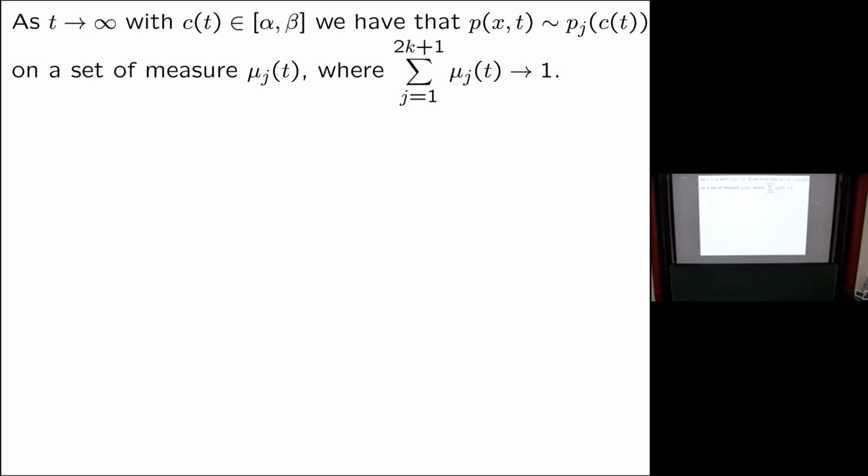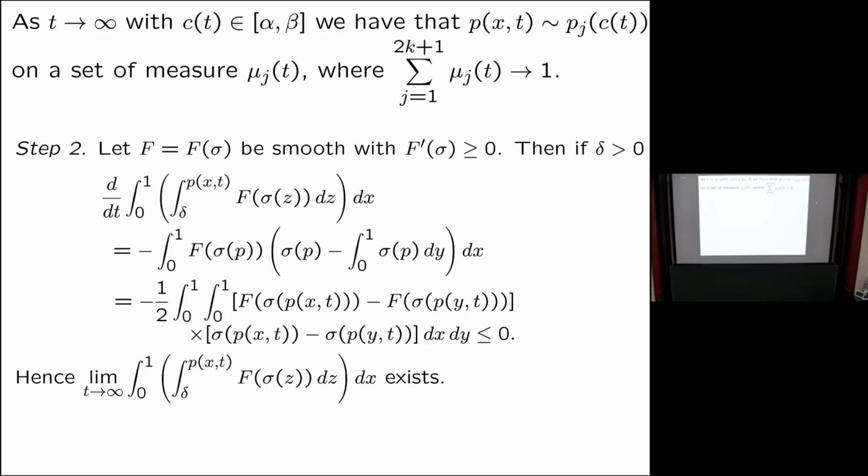So now what we do is we multiply the equation by a function of the stress sigma. So you can do that by calculating the time derivative of the integral from some delta to P of F of sigma. And so what we get is we think of the time derivative inside.